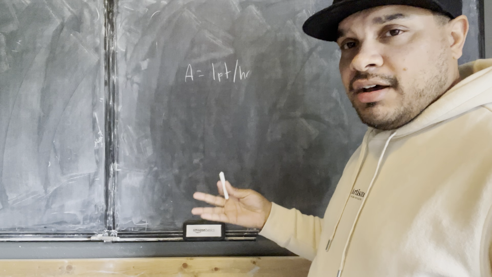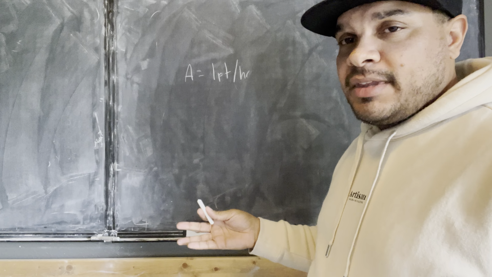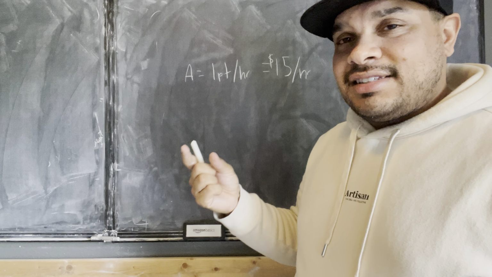That's how much it costs to do the point. Let's say, for example, this person who can produce 1 point per hour is paid $15 per hour, and that means they have to be able to produce 1 point an hour, and the cost of that point is equal to $15.